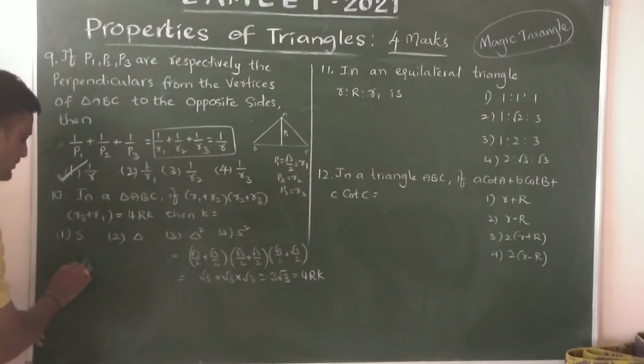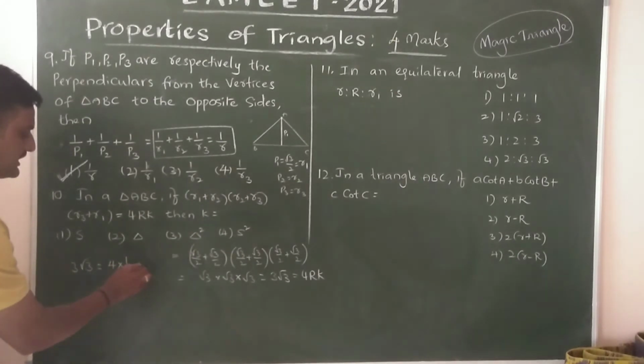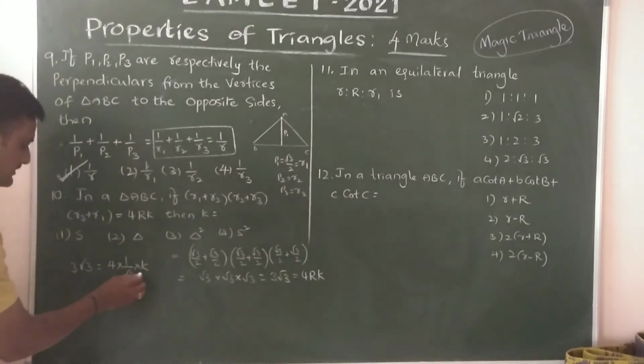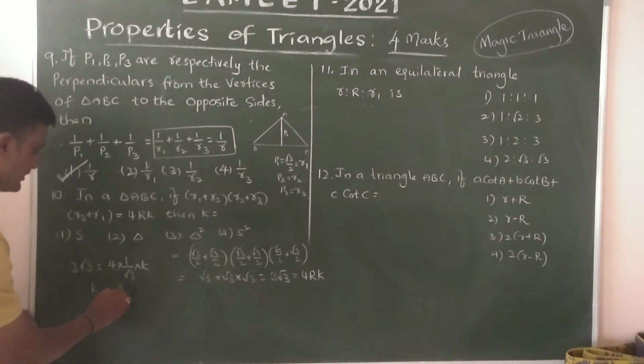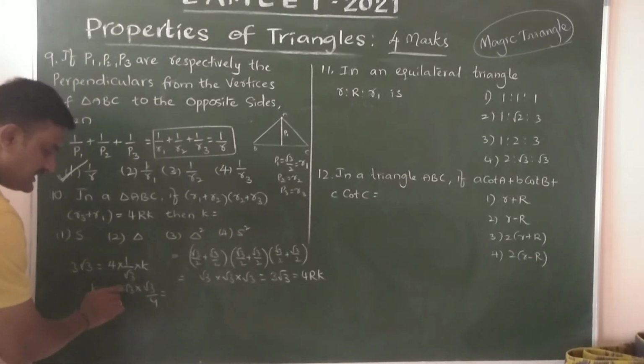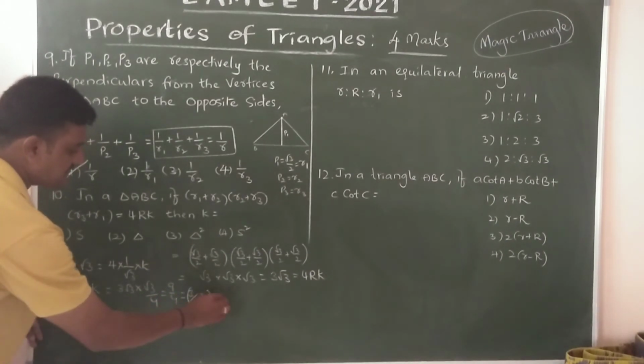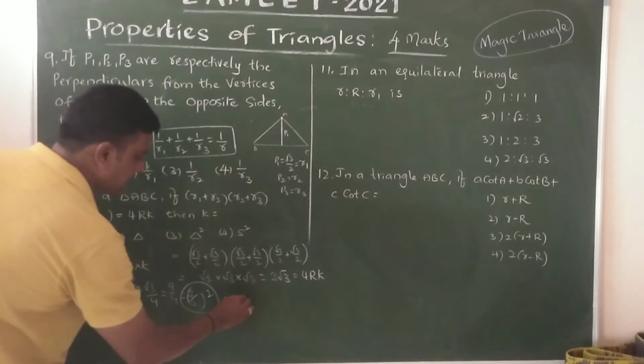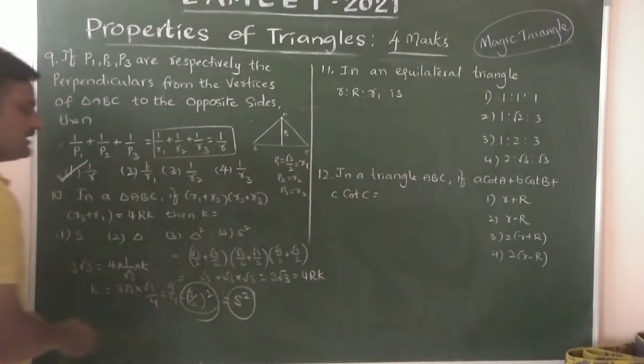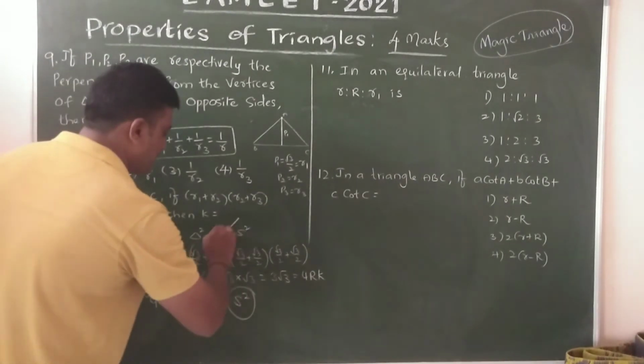Here 3 root 3 equals 4 into r, which is 1 by root 3, into k. Then k becomes 3 root 3 into root 3 by 4. Root 3 into root 3 is 3, 3 into 3 is 9 by 4, which is nothing but 3 by 2 whole square, yes or no? Now 3 by 2 is nothing but s, so this is s square. Our option is the fourth one.